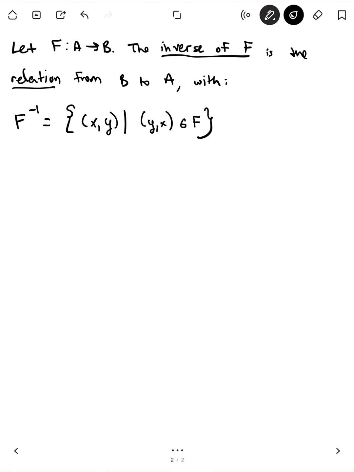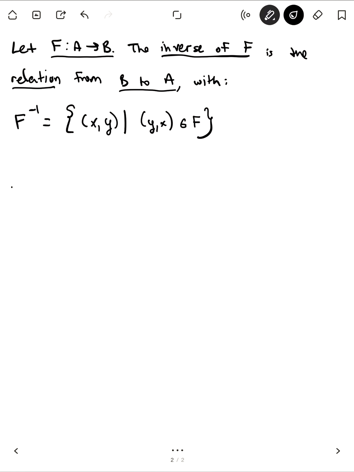But for now, we're going to keep it very general and just say the inverse of the function is a relation from B to A. One thing to notice is that f is mapping A to B, and then the inverse relation takes elements from B to A. So you're reversing the order. This is what it means to be the inverse.